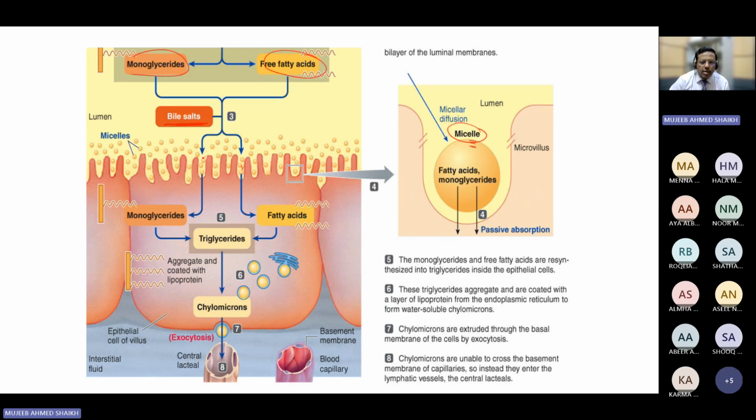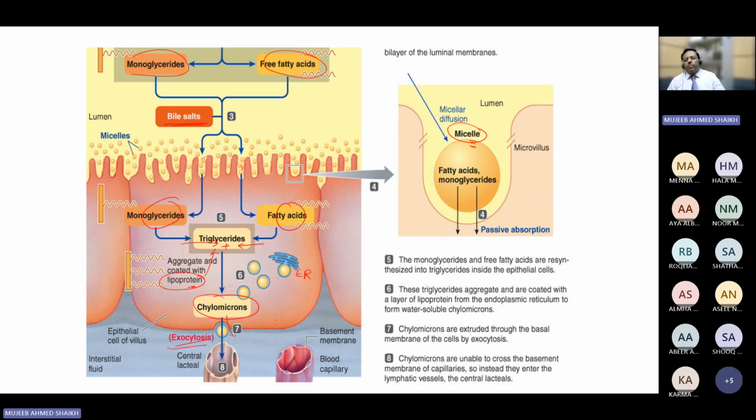Once they come near the cell, they leave the bile salt, and the monoglyceride and fatty acid diffuse inside and join in the cell to form triglyceride. After triglyceride, adding lipoprotein to it makes a chylomicron, which is a big particle, a protein combined with lipid, coming from the endoplasmic reticulum. Then this chylomicron leaves the cell by exocytosis.